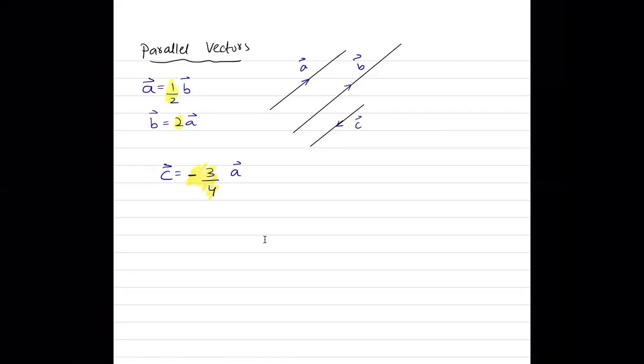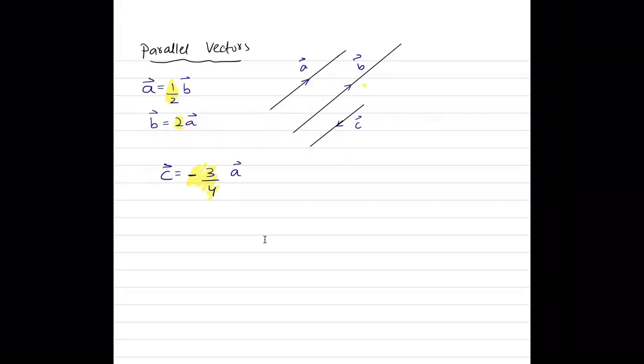If two vectors are parallel, they must be scalar multiples of each other. The quantity used to scale a vector is known as a scalar. So vector B is twice of vector A.